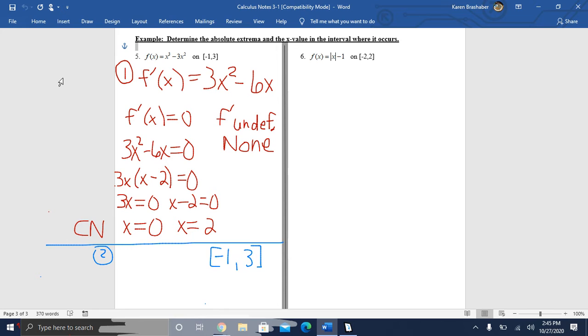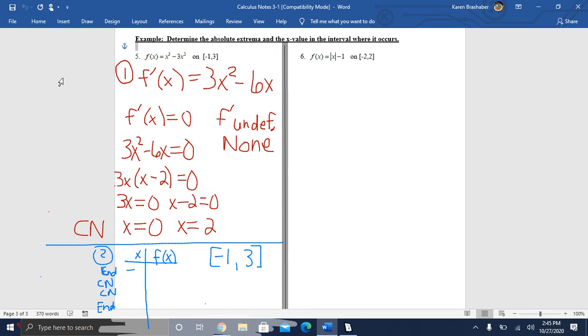And you are checking it in the original function. So x and f of x, not f prime. So you'll need your endpoint. I'll try to label that for you. You'll need your critical number, and you actually have 2 of them, and then your other endpoint that you'll be checking.